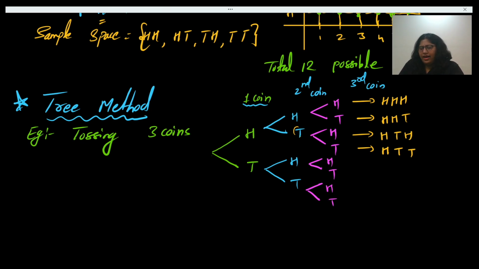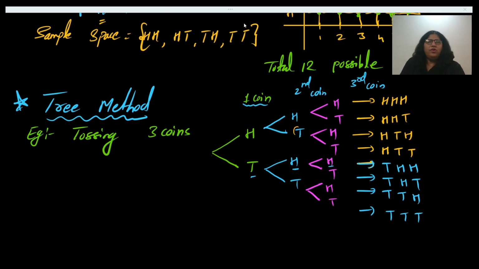Then start the second branch, again there will be four possible outcomes. What are the four possible outcomes? It's starting with tails, then heads and heads. So it is tails, heads, heads. Then the second one is tails, heads, tails. Then the third one is tails, tails, heads. And the fourth one is tails, tails, tails.